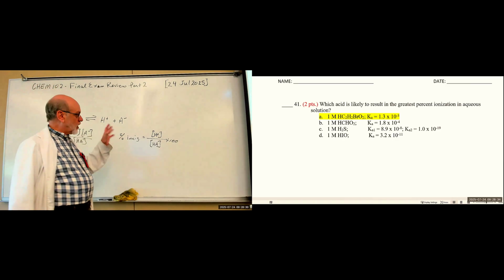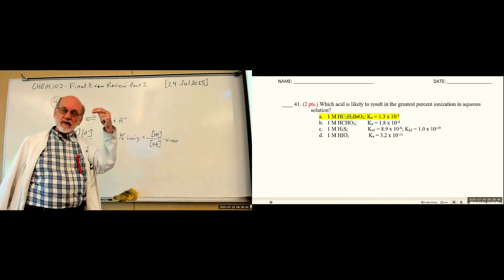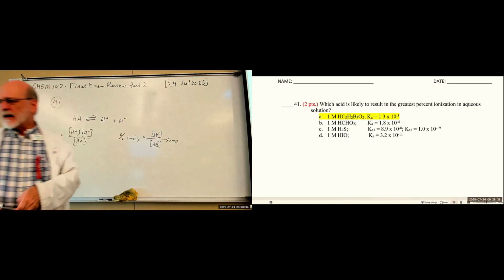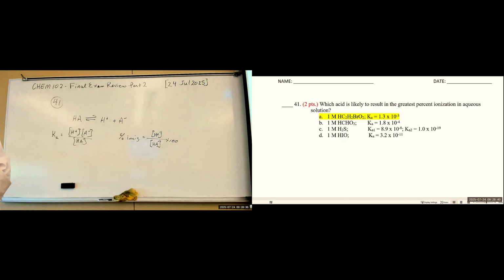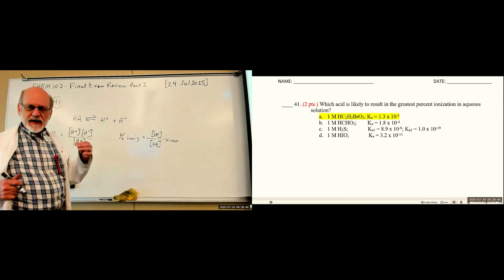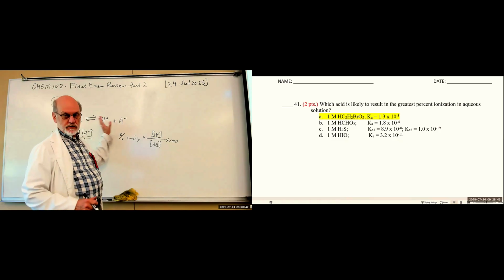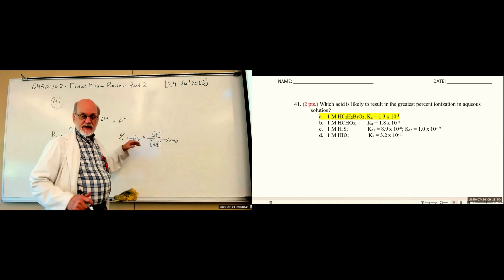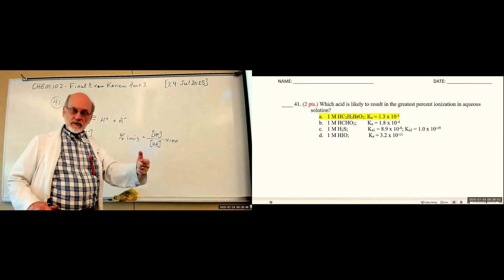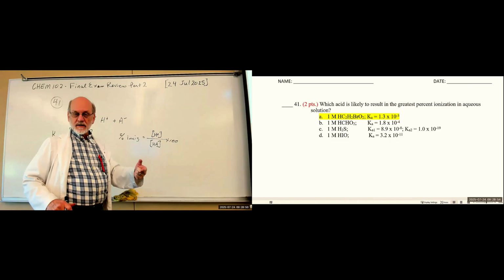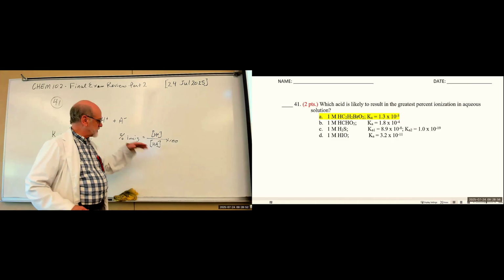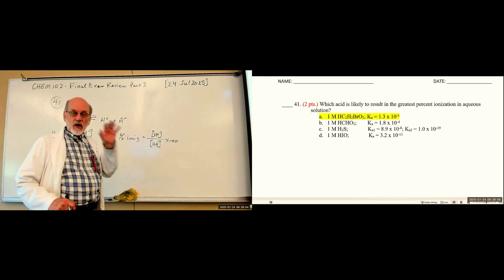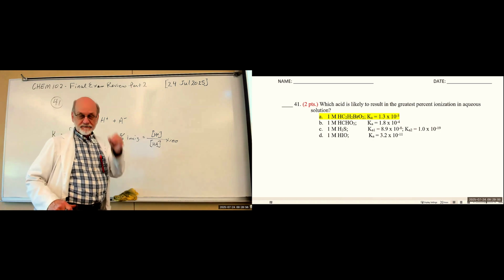And since they're all the same concentration, we just compare the Ks. So the one with the largest K value is going to be dissociated the most at the same concentrations. So percent ionization is going to be proportional to the K. The largest K will give us the largest percent ionization since they're all at the same concentration.